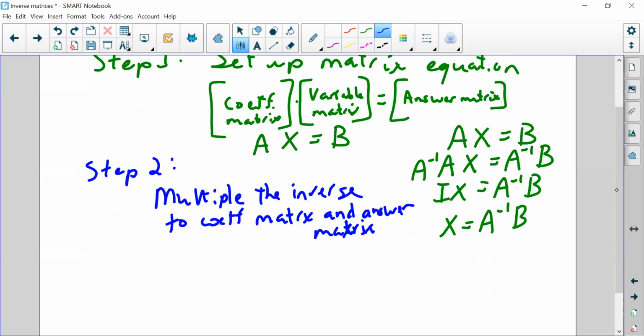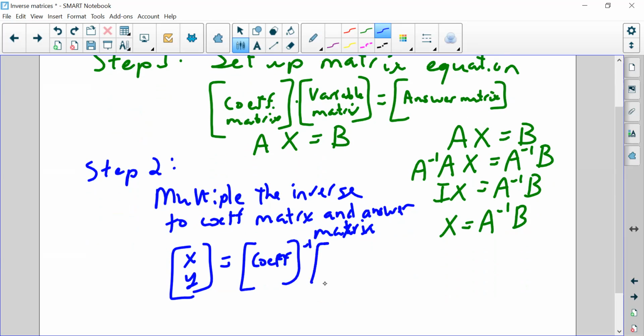In symbol notation, I'm going to have my variable matrix equal to the inverse of my coefficient matrix times my answer matrix. So that's what we're going to set up.